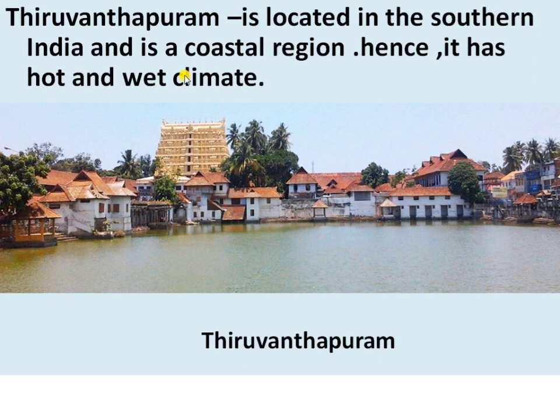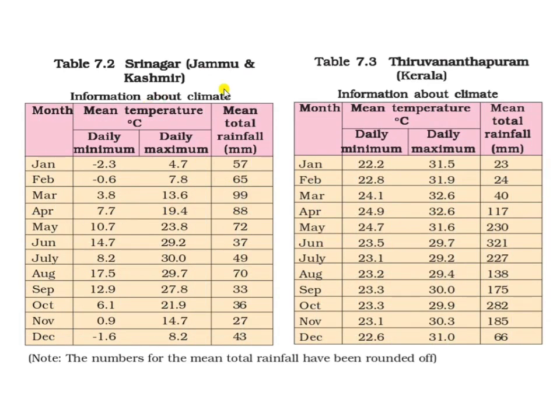By knowing the climate of a particular place in a state or region, we can understand the climate of the whole state or region. For example, as you can see in this figure, Srinagar is a place in the state of Jammu and Kashmir.